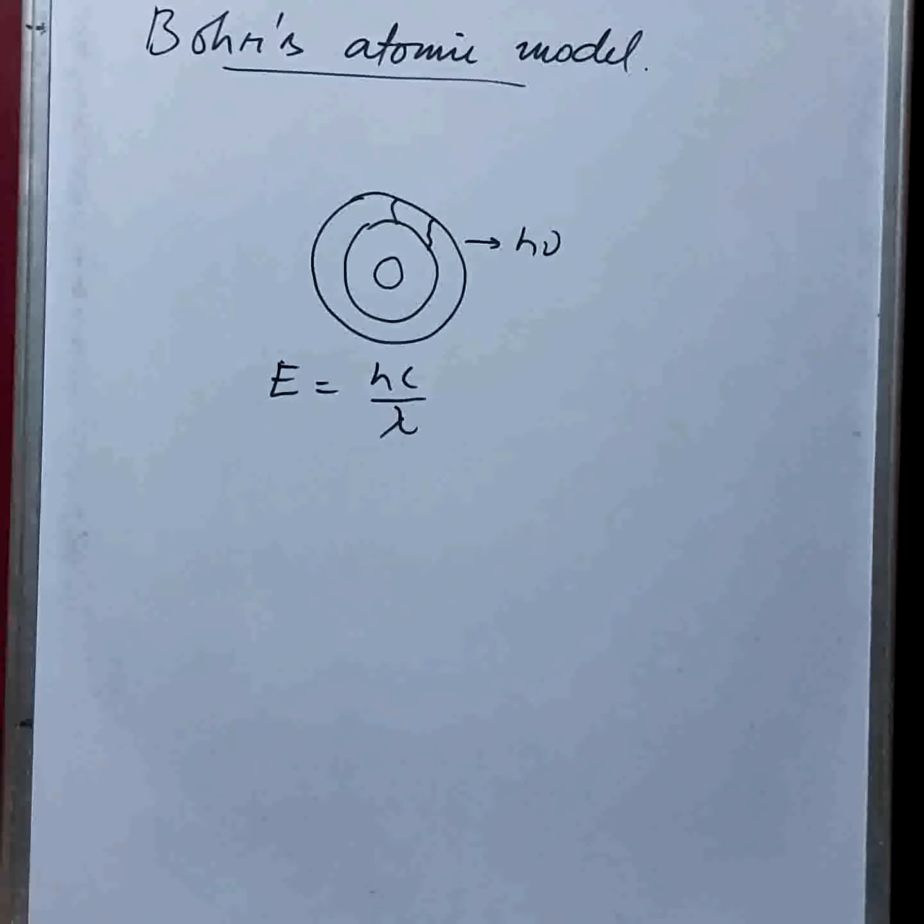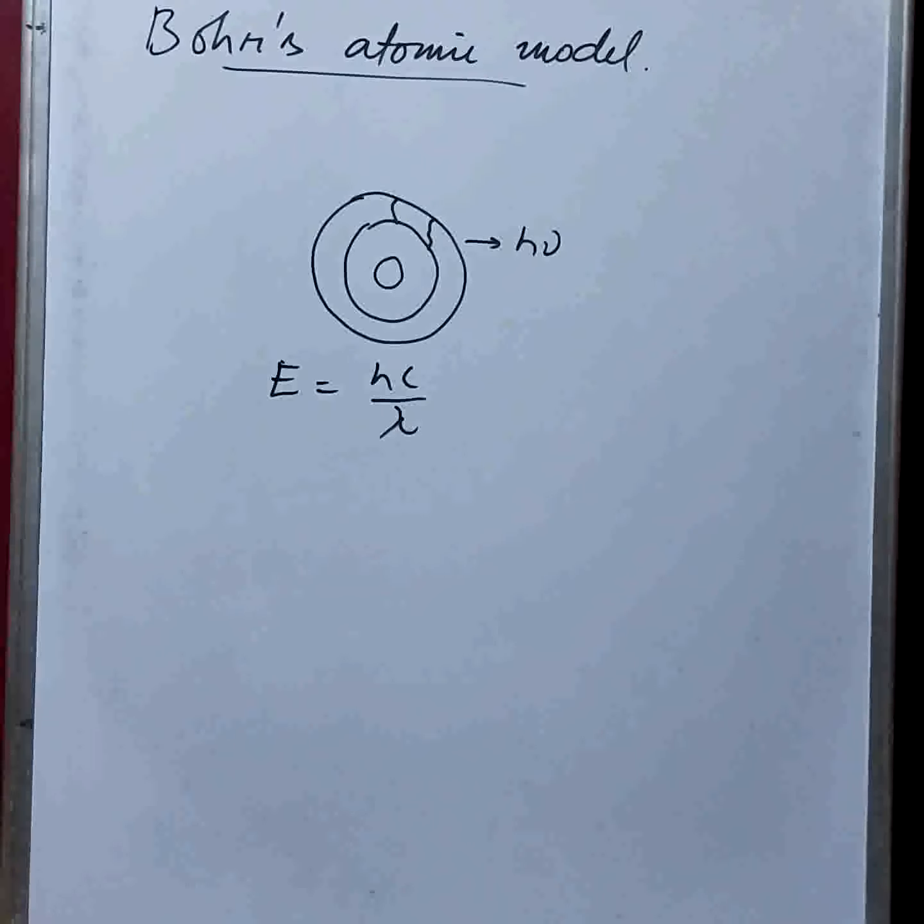But there were some limitations of Bohr's atomic model. He couldn't explain the line spectra of atoms containing more than one electron. He also could not explain the presence of two closely spaced lines.